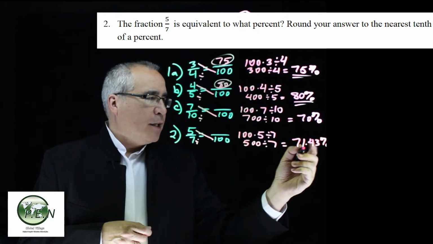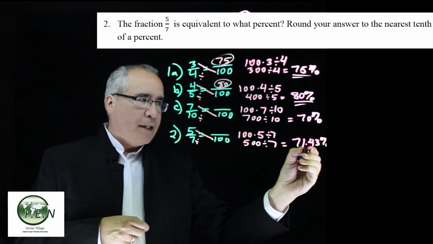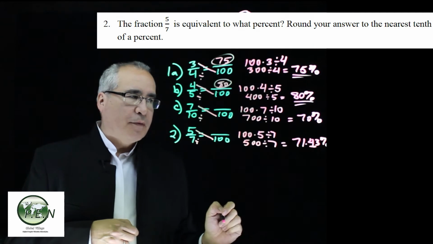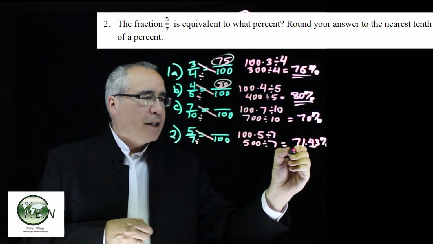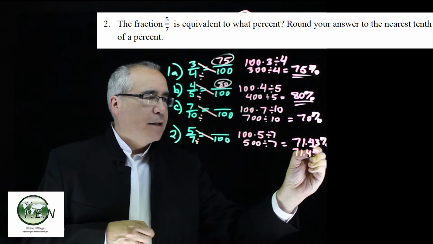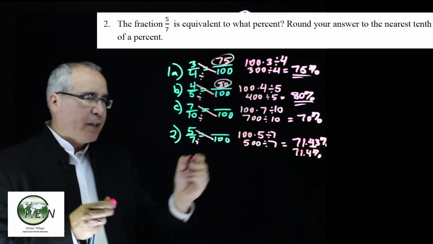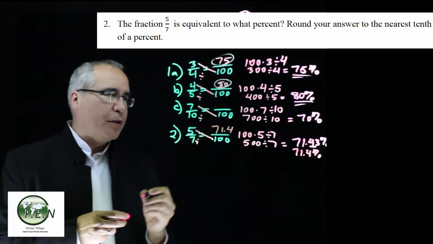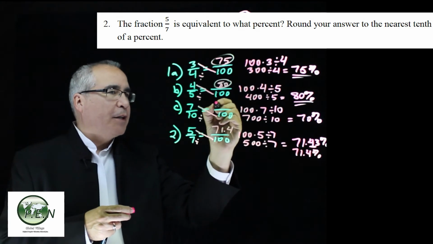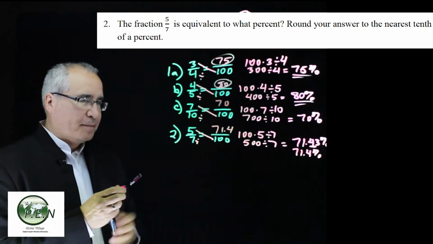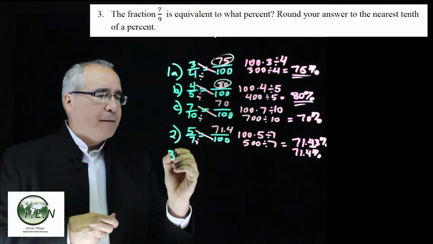Of course, they wanted these rounded to the nearest tenth of a percent. A tenth of a percent would be this 0.4 right here. So we're going to list that as 71.4%. Okay, question 3.